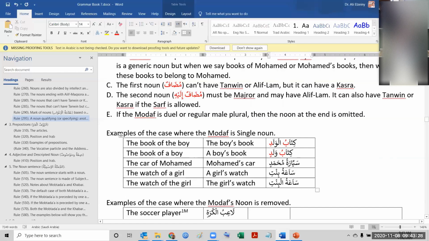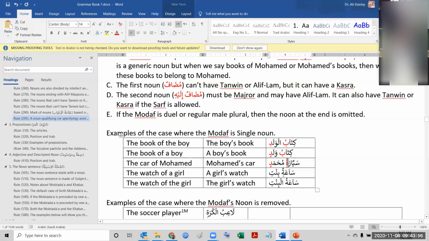Again, there is no alif lam, and sarf is allowed. Then you can have tanween. And this one, dhamma, which is marfu', is the default case. Now, the watch of a girl or a girl's watch.